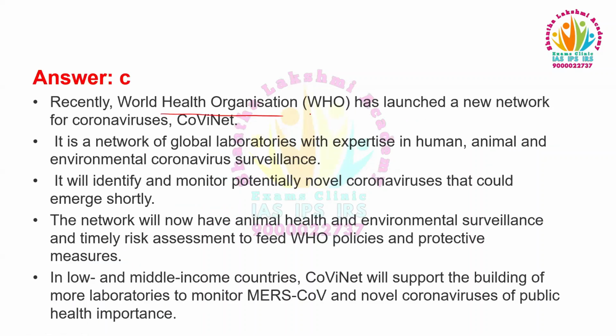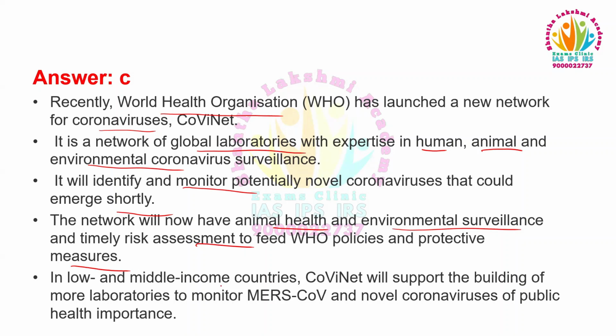Recently, the World Health Organization has launched a new network for coronaviruses, CoviNet. It is a network of global laboratories with expertise in human, animal, and environmental coronavirus surveillance. It will identify and monitor potentially novel coronaviruses that could emerge shortly. The network will now have animal health and environmental surveillance and timely risk assessment to feed WHO policies and protective measures.